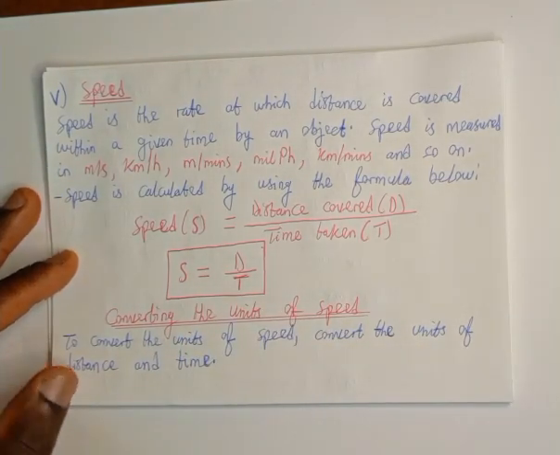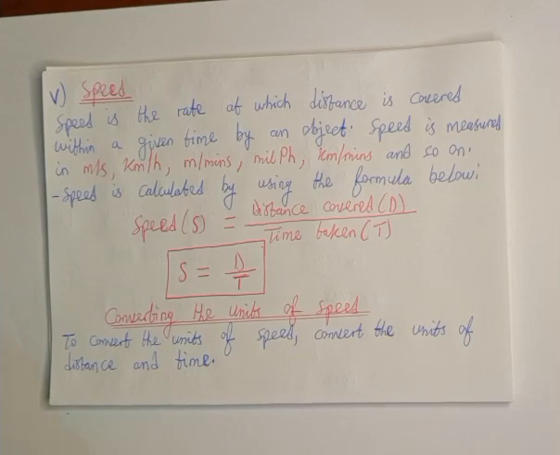You cannot convert the units of distance or the units of time without knowing the conversions. Do well to watch our videos on the metric system of measurement. You will learn so much from that.